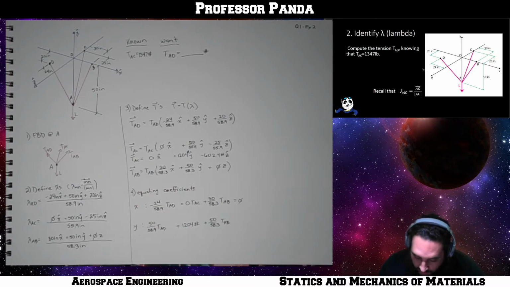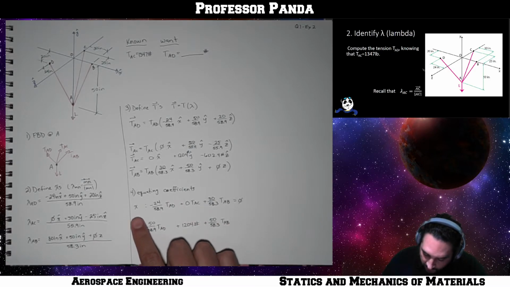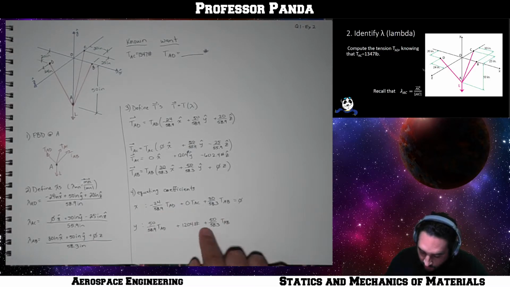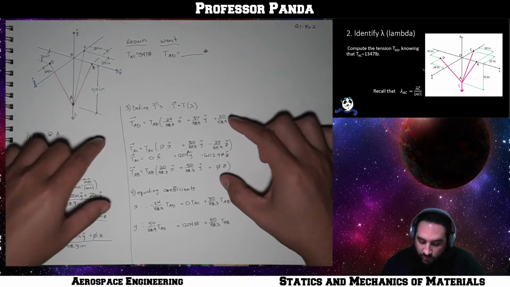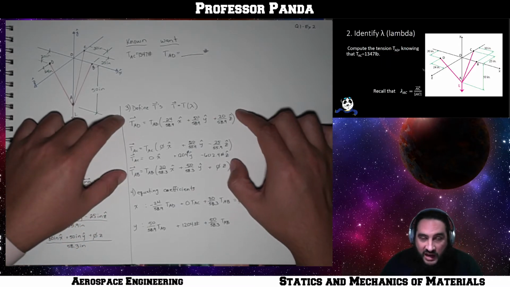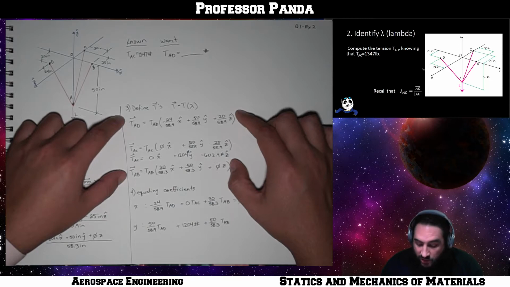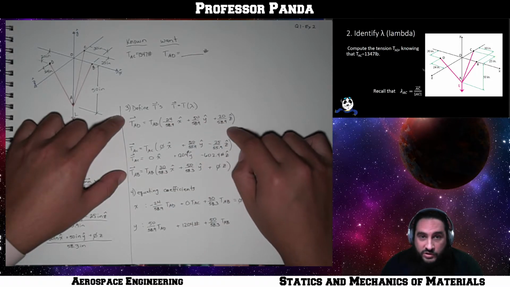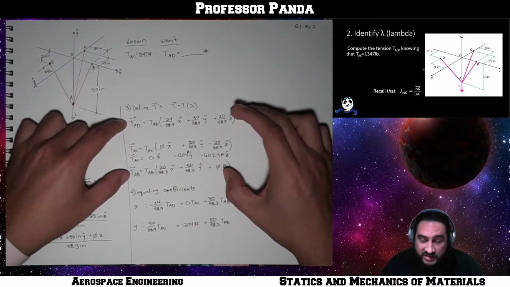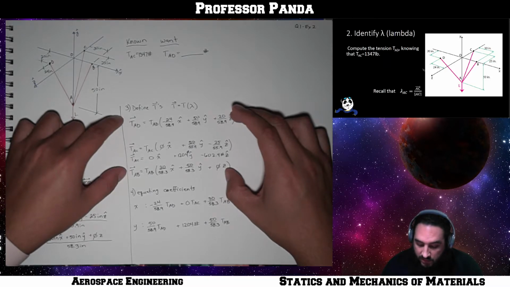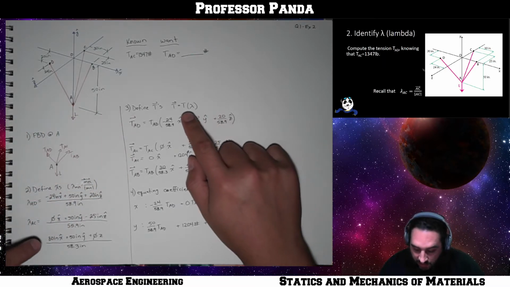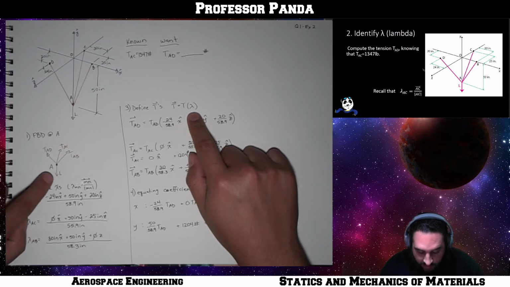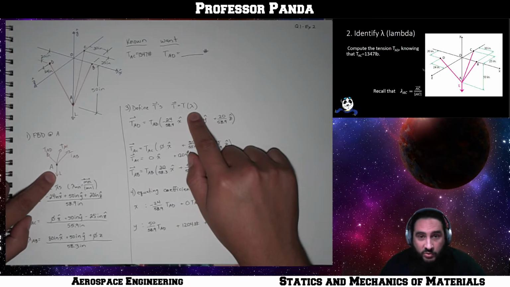Okay? So here's what happens. When you equate coefficients, you take all of the forces in the x, the y, and the z, and we've been under the impression that they're all coming from this table. Yes and no. They're all coming from this table, but we're also missing a force not present in this table because we didn't define a lambda for it, and that would be the load. Okay, the load is pointing straight downward.